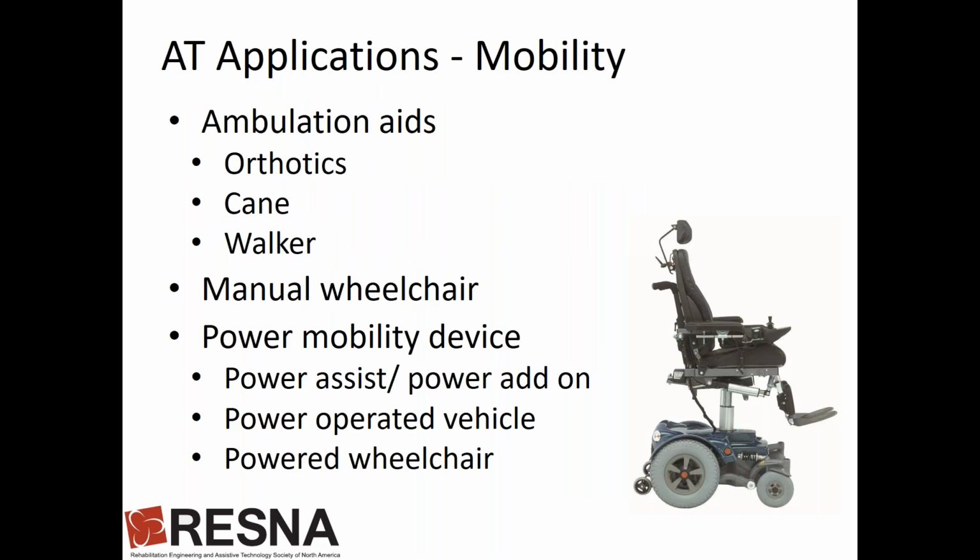So applications for assistive technology, we see a lot of ambulation aids. We see manual and power chairs. Some of the studies that come out are really looking at the coordination impairing manual wheelchair mobility.